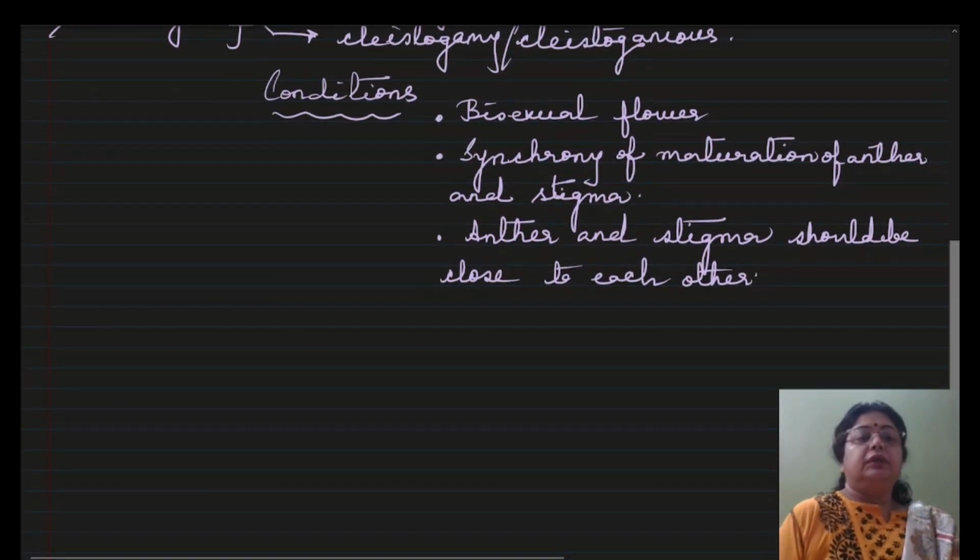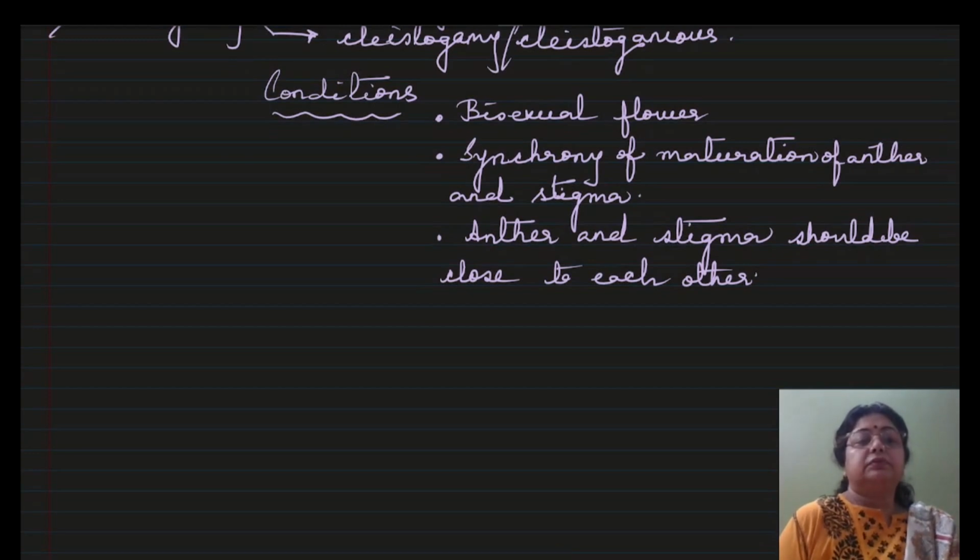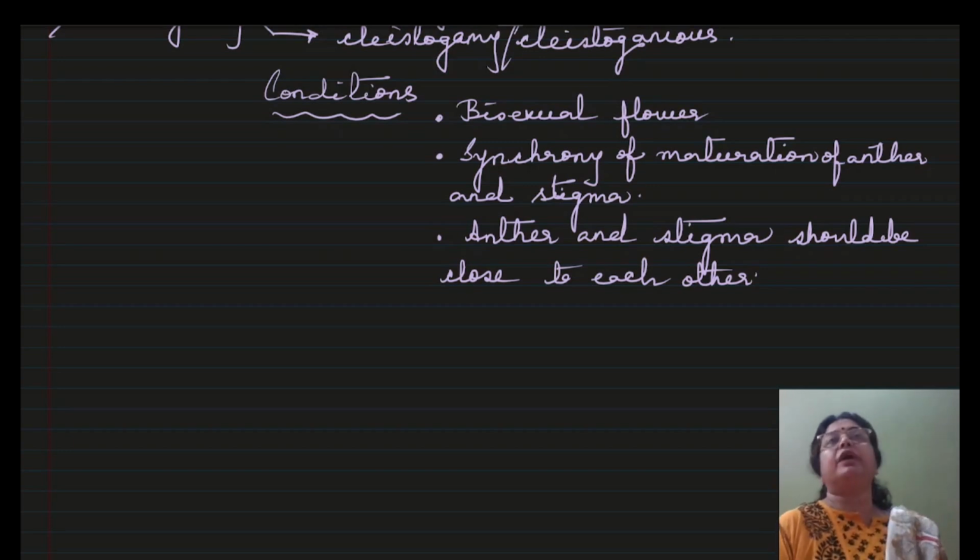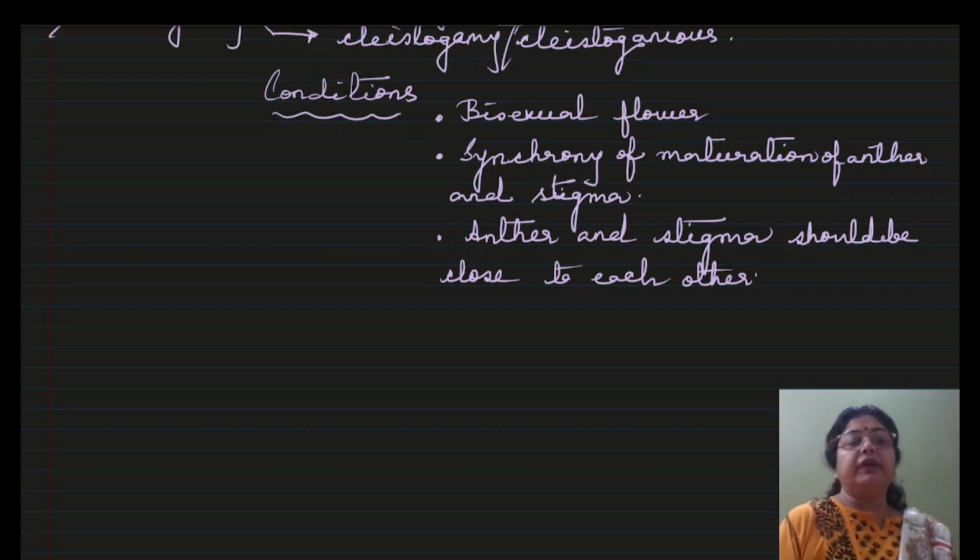Now, there is an important fact on chasmogamous and cleistogamous flowers. Chasmogamous flowers remain open, as we generally see. Open anther, open stigma, so the pollen grains can be transferred to the stigma, but they need some agent also. But what about the cleistogamous flower? Let us discuss this.